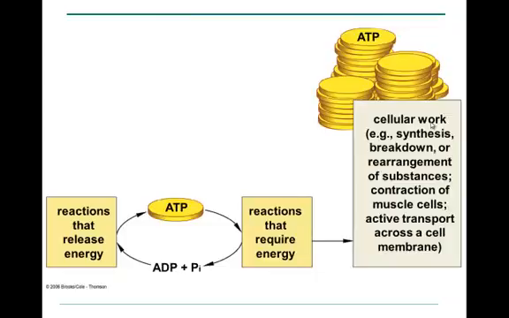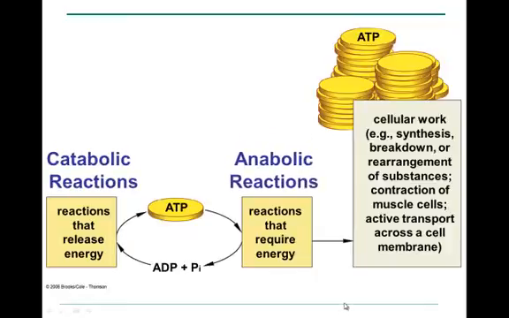Now, we talked a little bit about the branches of metabolism. Reactions that release energy were called catabolic reactions. Reactions that require energy are called anabolic reactions. And okay, if you release energy and you require energy, it makes a great deal of sense to link them together.